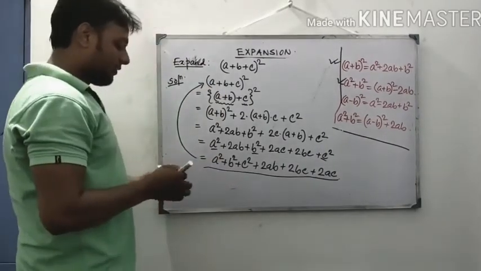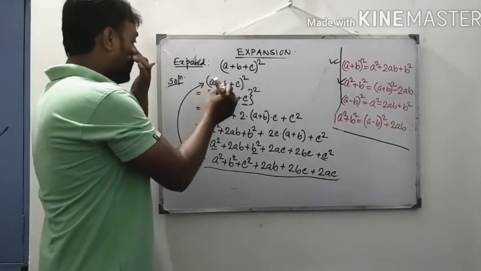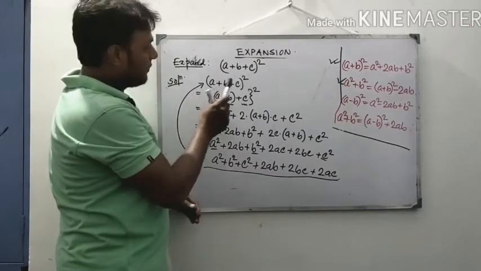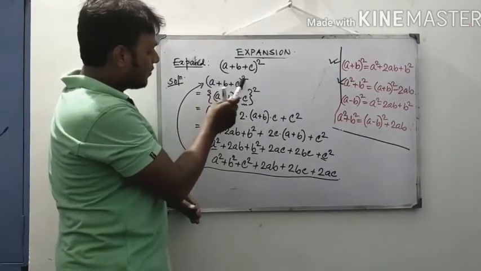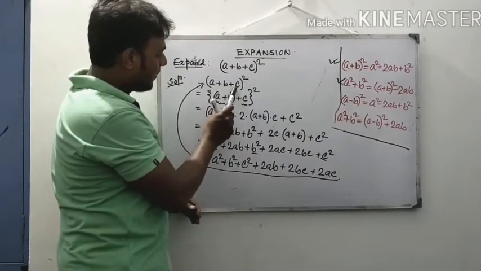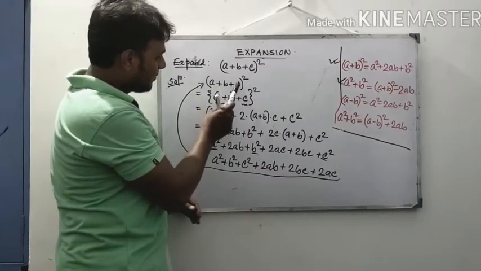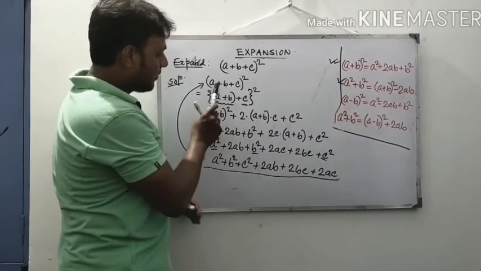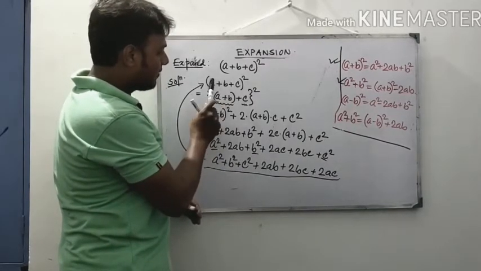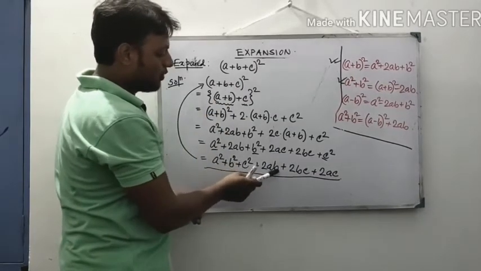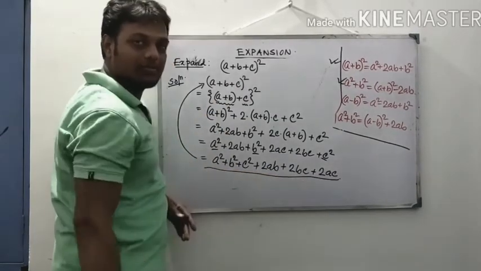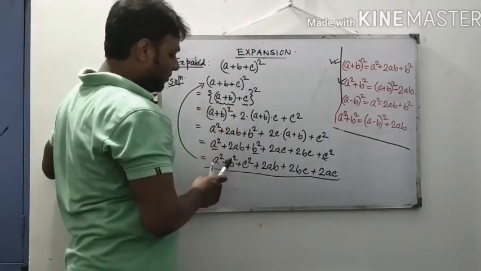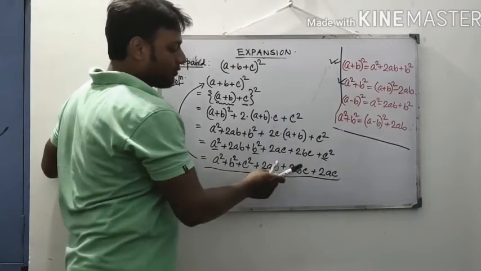So we have to memorize this also: a plus b plus c the whole square equals a square, where we have given square to all the terms inside the bracket, a square b square c square, plus 2 into first second, second third, first third. So plus 2ab plus 2bc plus 2ac. Understood? So a plus b plus c whole square equals a square plus b square plus c square plus 2ab plus 2bc plus 2ac.